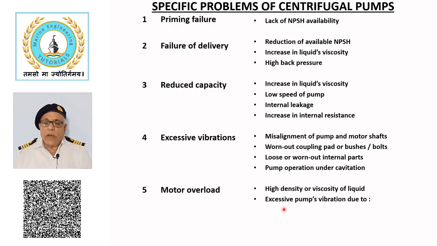Pump operation under excessive vibration can overload the motor, which may be due to misalignment of the pump and motor shaft, which should be checked. Loose or worn out parts should be checked by carrying out pump's internal inspection.